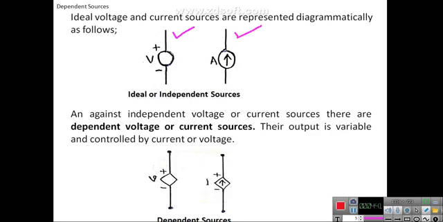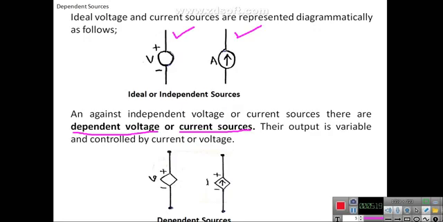Against these ideal or independent voltage and current sources, you have dependent voltage or current sources. So what is the difference between the ideal and the dependent sources? In the case of ideal sources, the magnitude of the voltage or current remains constant irrespective of any changes in the network, or the current drawn from the source or voltage across the current source.